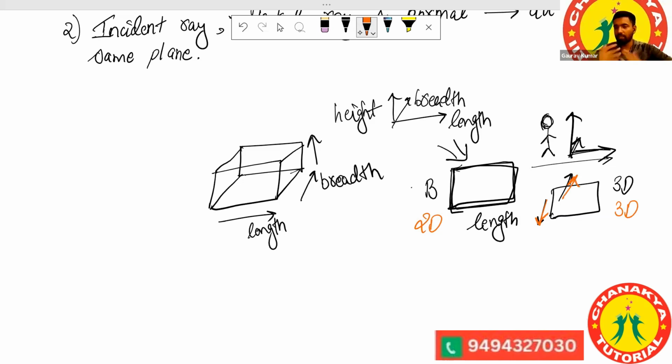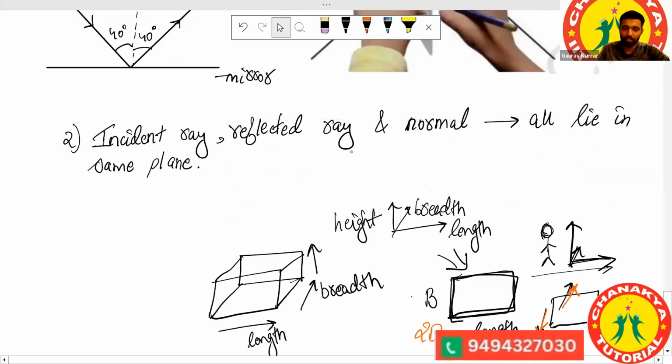That means we feel it live, like people roaming around beside us. Correct. So I think you understood what is meant by 2D and 3D.